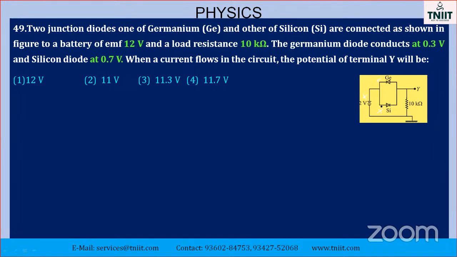This is positive. So clearly this tells that germanium is in reverse bias, but silicon is in forward bias.